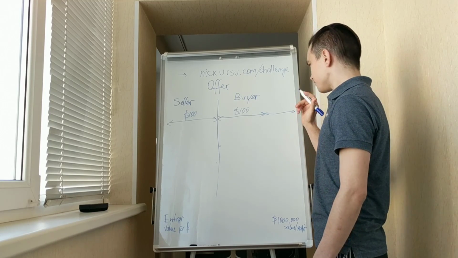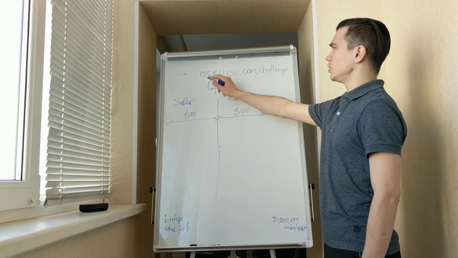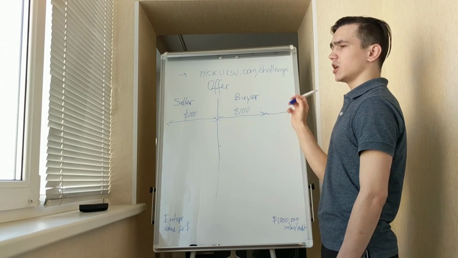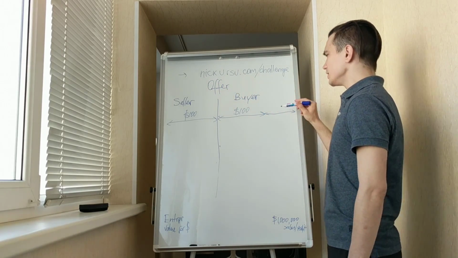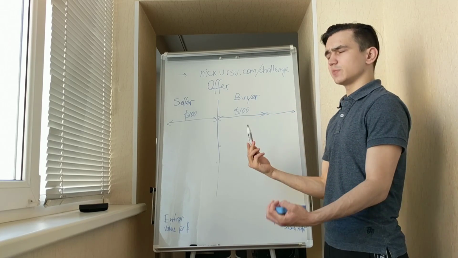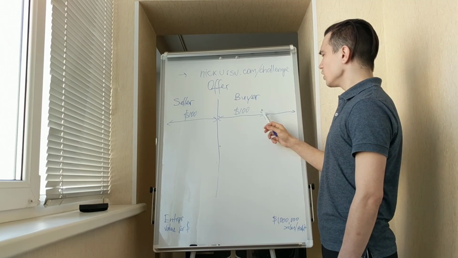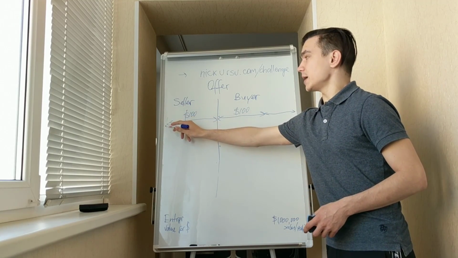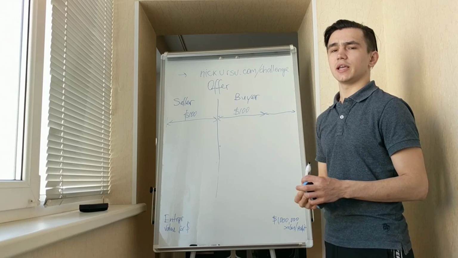You can go to nickworsu.com/challenge and see all the bonuses that I'm giving and explaining, and the value goes up a lot, but the price is still the same. That's how you win the affiliate marketing game.